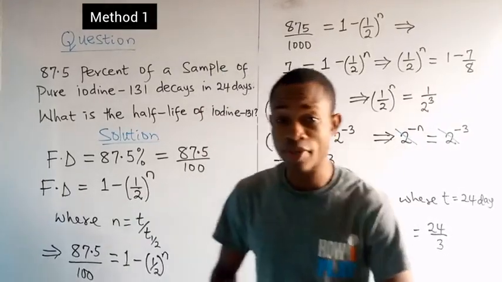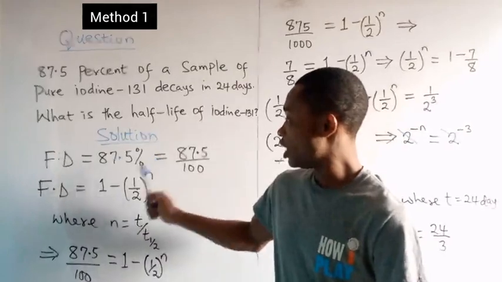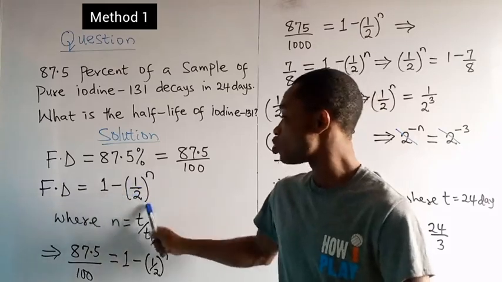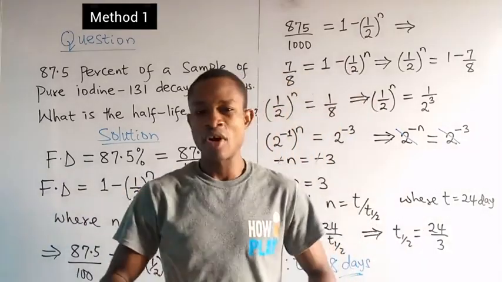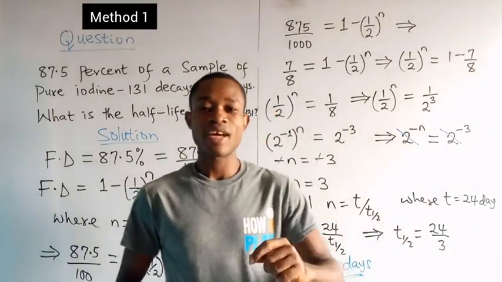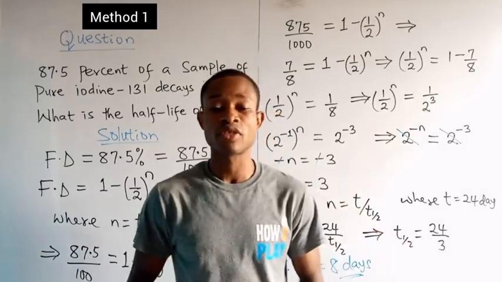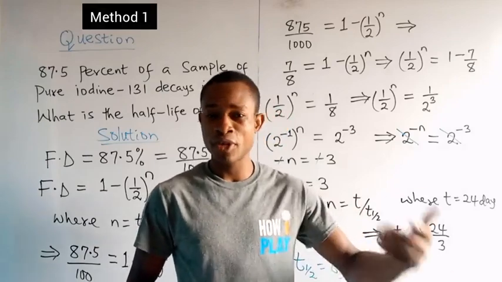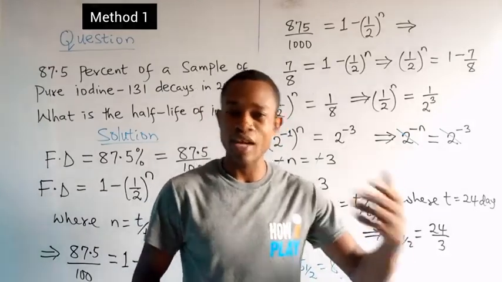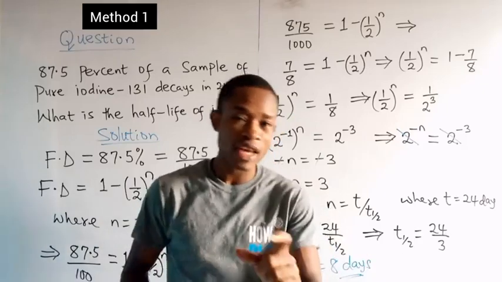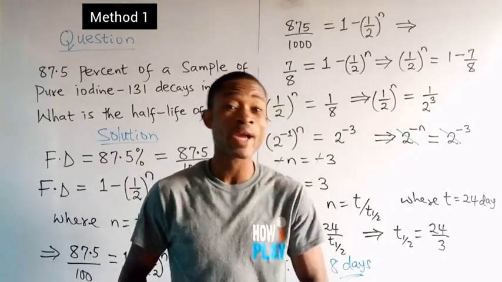Interestingly, I want to show you something before we move on to method 2. Here we have that fraction decayed is equal to 1 minus 1 over 2 raised to the power of n. From basic mathematics, we learn that if you add up all proper fractions, you get 1.